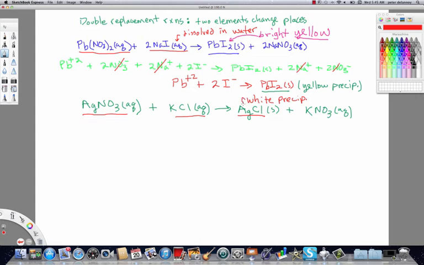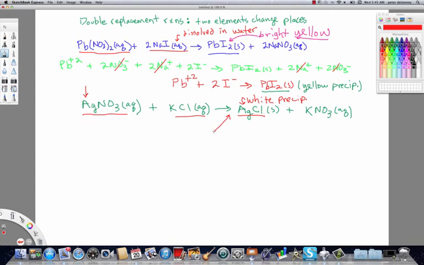Very apparent and completely recognizable and different than the yellow precipitate that lead forms with iodide. So again, this is a feature that allows you to qualitatively identify the presence of silver that is in a solution. And for this one, we're going to practice the trick that I suggested for the lead.